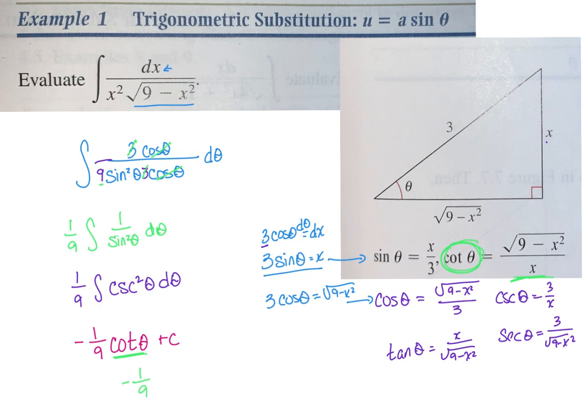So I need to replace the cotangent of theta with what that meant in my original setup. And now I am done. And of course you can convert and put that 9 in the denominator, just have the negative in front to simplify it a little bit, but you're done with your antiderivative at this point.